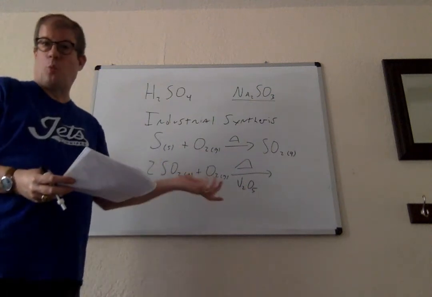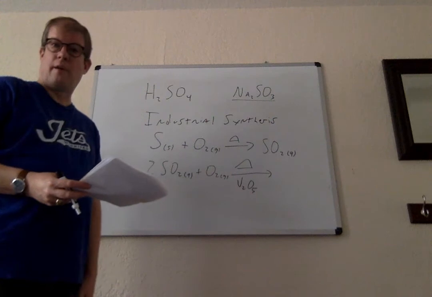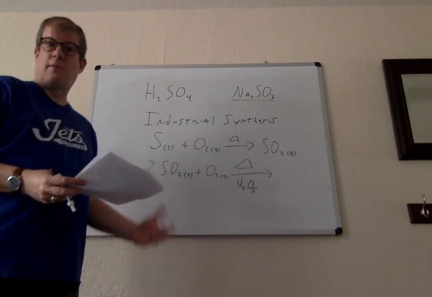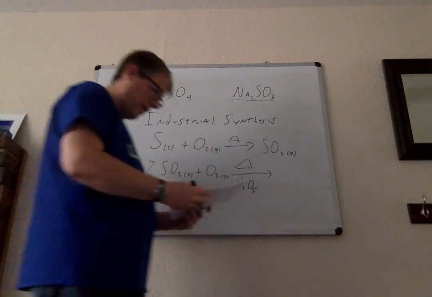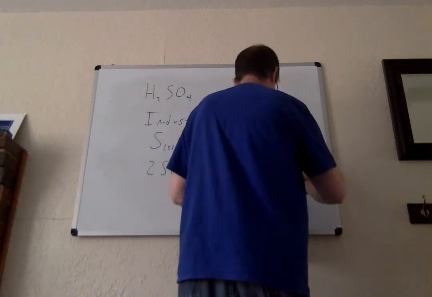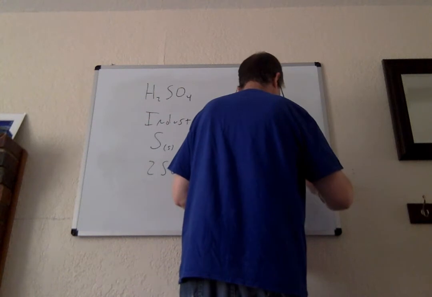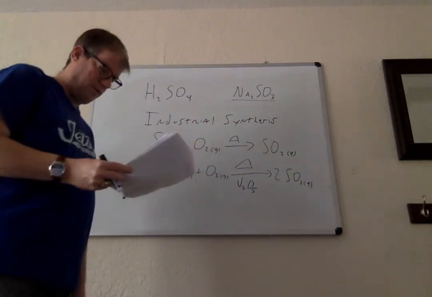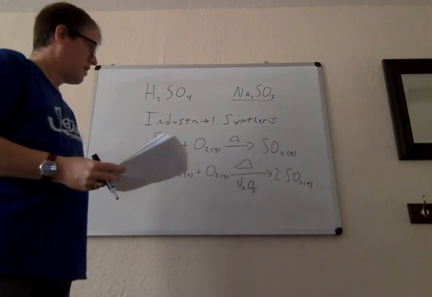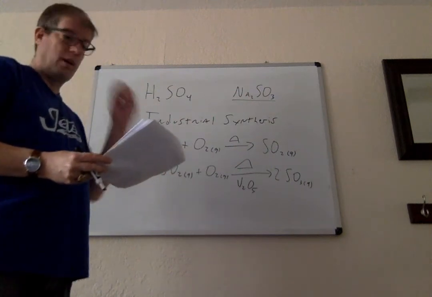And so if I asked you why is it harder to oxidize, thermodynamically it's favored, kinetically it's not. This speeds up the kinetics, the activation energy. Then we get SO3, which is the precursor for sulfuric acid.